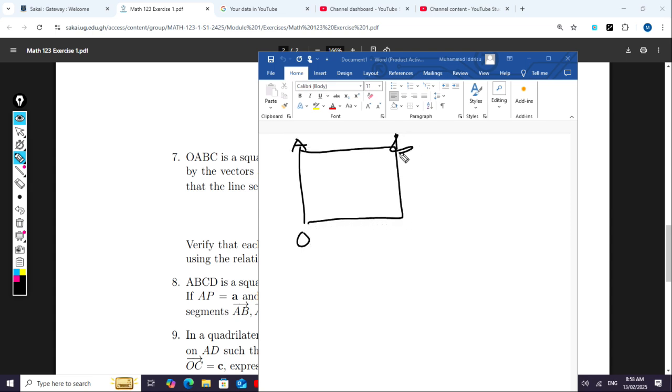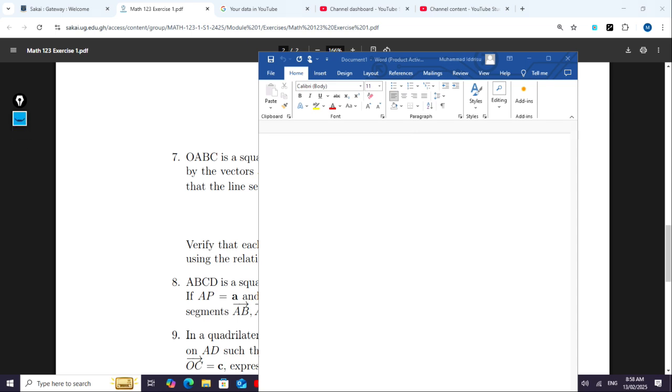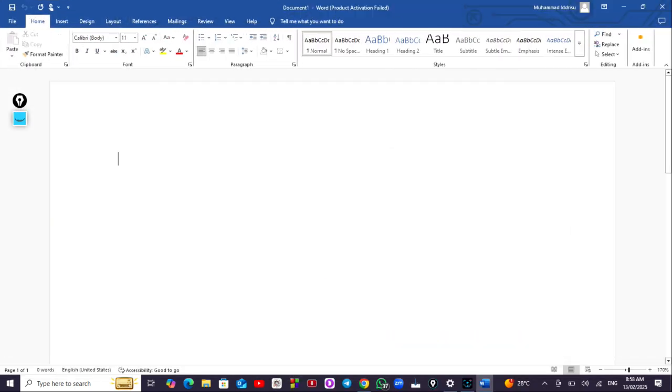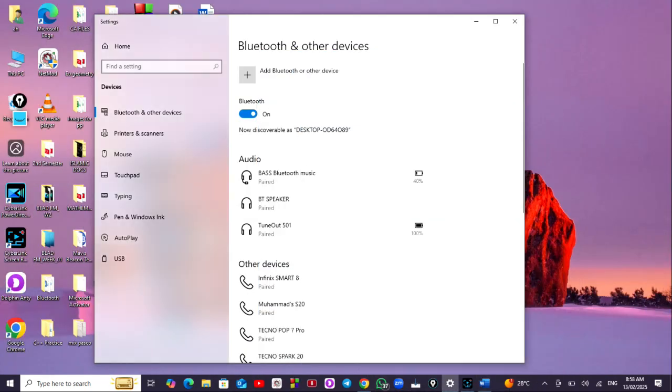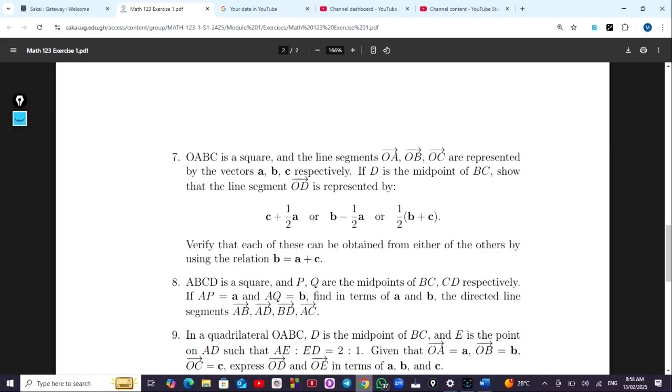My drawing is not drawn to scale. OA is given as a, OB is b, and OC is c.